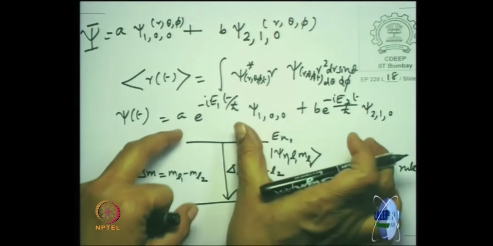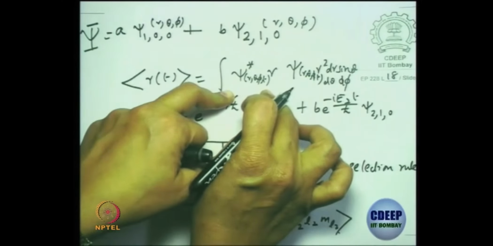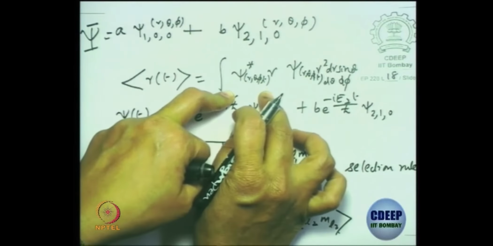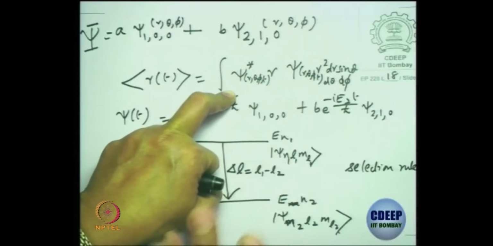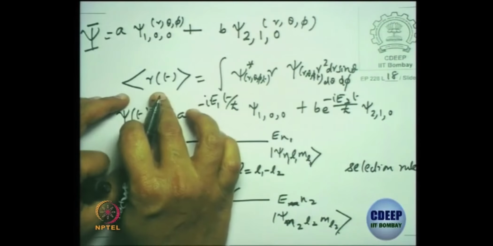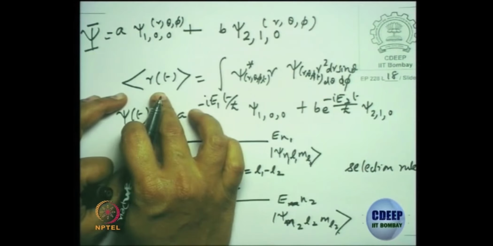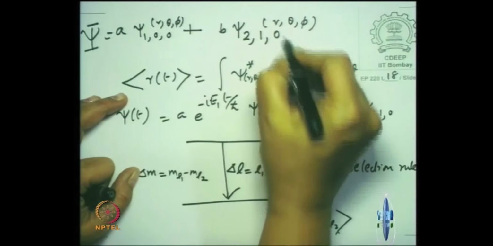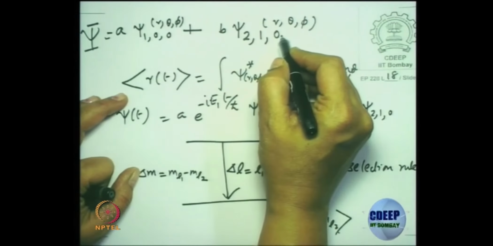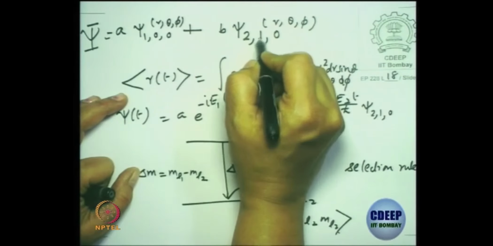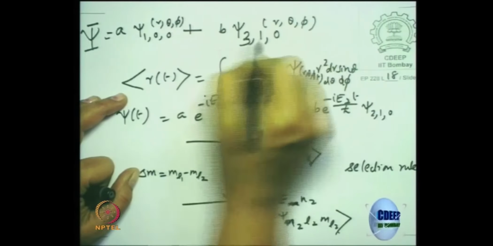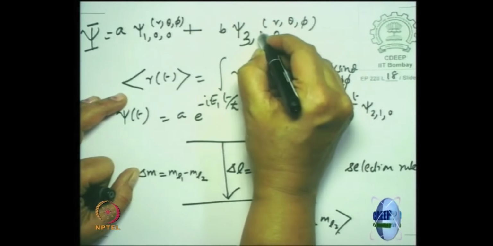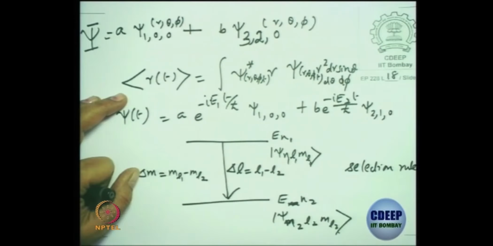You have to substitute this here, and use orthogonality, everything, and see whether this will be non-zero or 0. Similarly, you put this here. I think there are no other possibilities. If we had taken 3, then you can check that this is going to be 0.